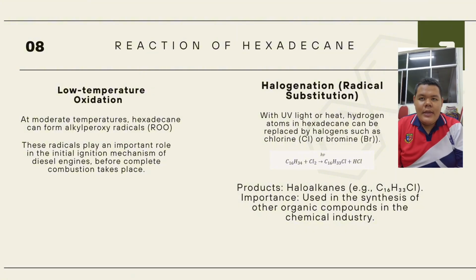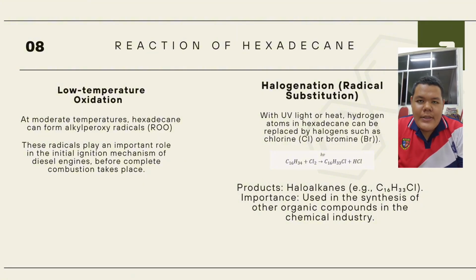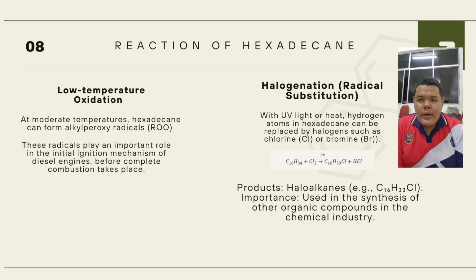The last reaction is halogenation, a radical substitution. Under certain conditions, such as exposure to UV light or heat, hydrogen atoms in the hexadecane molecule can be replaced by halogens like chlorine or bromine. An example of the reaction is C16H34 plus Cl2 produces C16H33Cl plus HCl, hydrogen chloride.